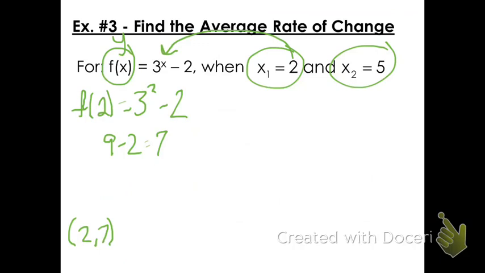Now we have to find my second point. So now I'm plugging in f of 5 equals 3 to the 5th power minus 2. Now what's 3 to the 5th power going to give you, guys? 3 to the 5th power gives you 243.